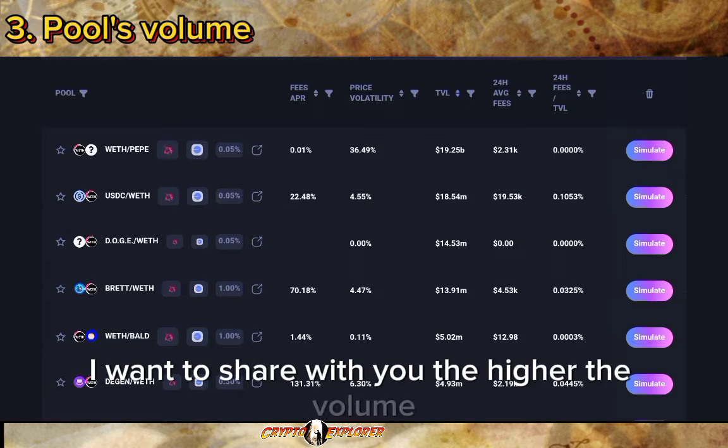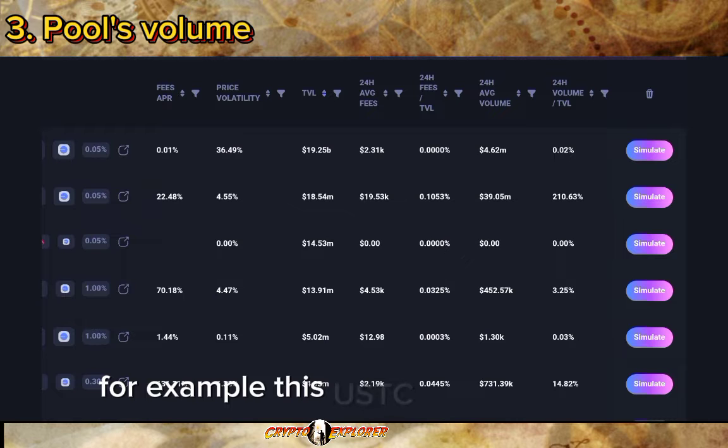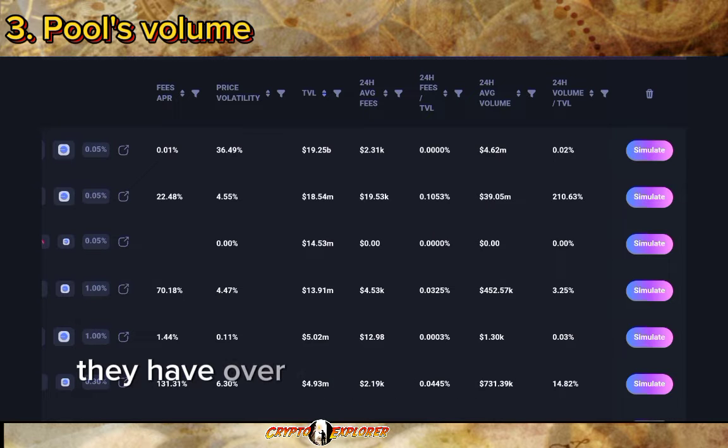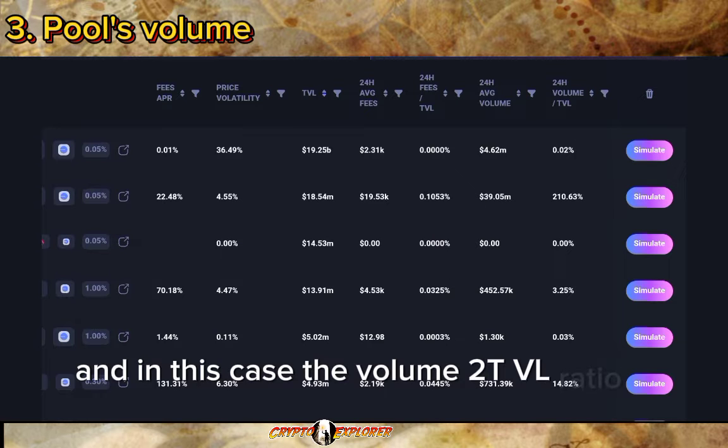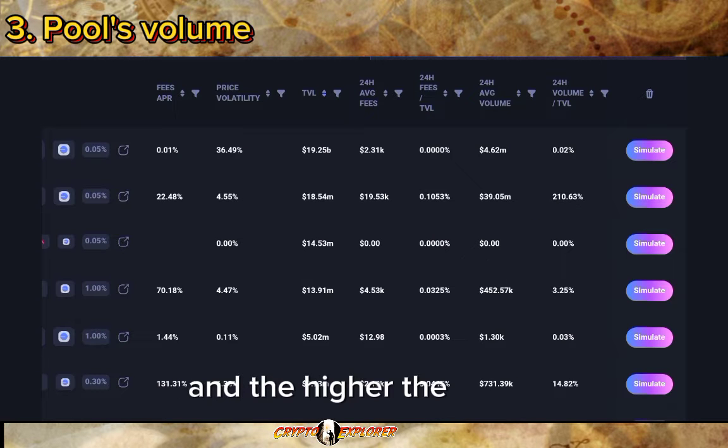The higher the volume, the better, and you'll have to consider a volume to TVL ratio. For example, this USDC Ethereum pool has over $39 million in volume for the past day. And in this case, the volume to TVL ratio is over 2x. You can see it here, the volume to TVL ratio is over 210%, and the higher the better.